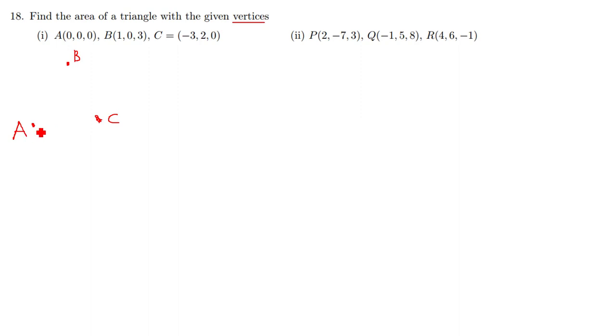For you to find the vector AB, you need to connect these 2 points. And then you're going to find the vector AB, and then you also have to find the vector AC. Having these 2 vectors, you can now construct something like a parallelogram, which will look like that.